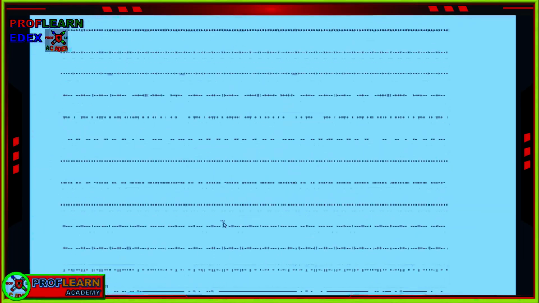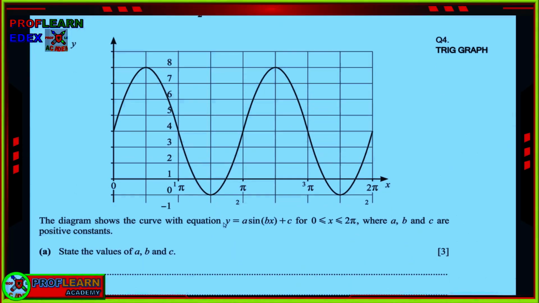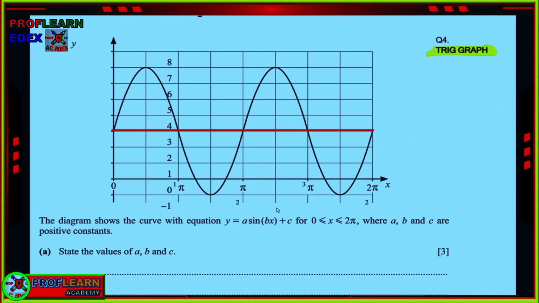The next topic that is likely to be tested is the topic to do with trigonometric graphs. Under trig graphs, you may be expected to state missing parts of a graph, and you need to remember that in such a scenario, you need to draw the midline like that, and the value of a that we are having here is going to represent the amplitude, and this is going to affect the period.